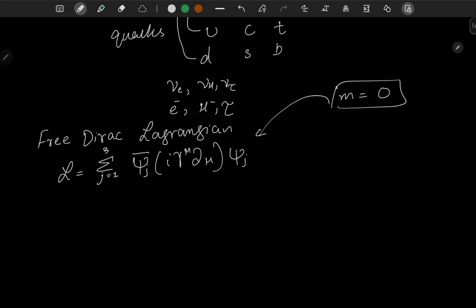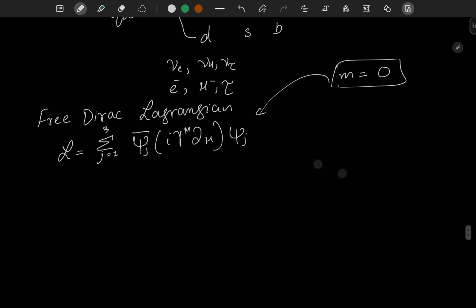So this is our free Dirac Lagrangian under the assumption that fermions have no mass. We can simply write it as i psi j bar gamma mu d mu of psi j.